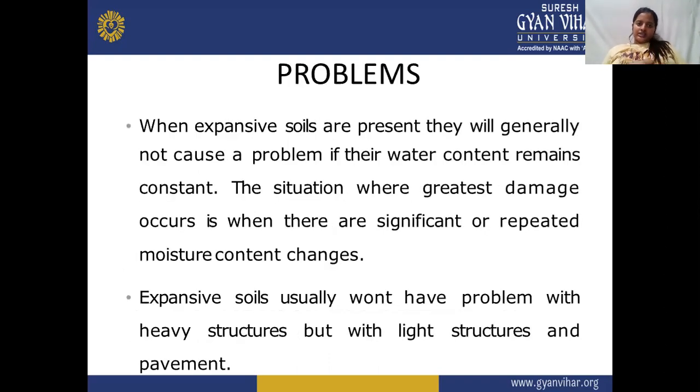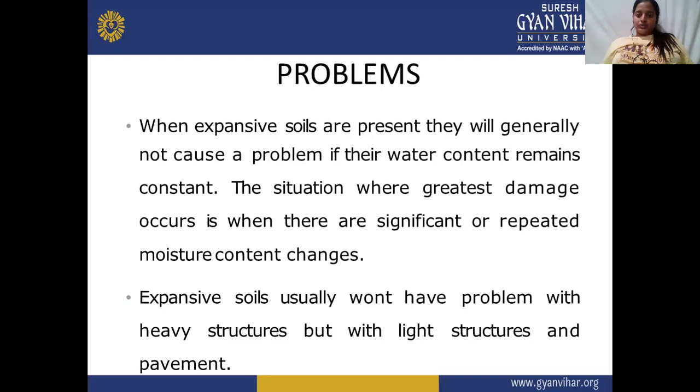Okay, let us understand some of the problems. When expansive soils are present, they will generally not cause any problem if their water content remains constant. So this is our major part, where we should find ways to maintain the water content in the soil.